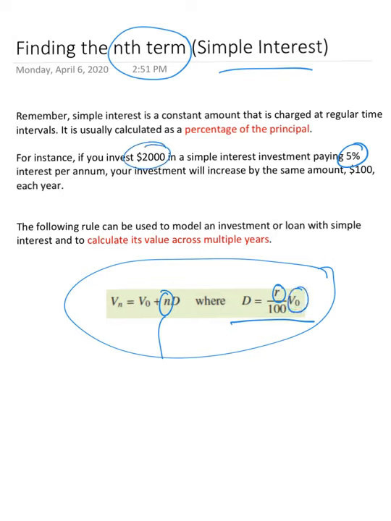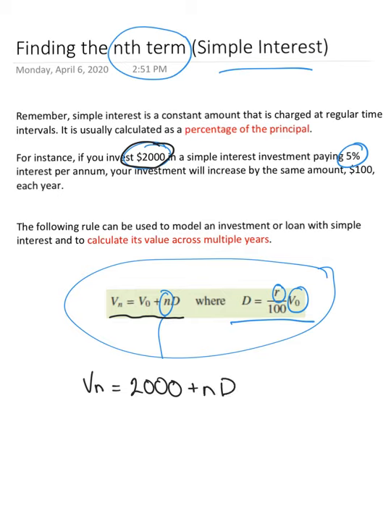Let's use the example we've got above to model this. So the rule is Vn equals V0 plus Nd. So Vn is equal to V0, which in our example above was 2,000, plus Nd.